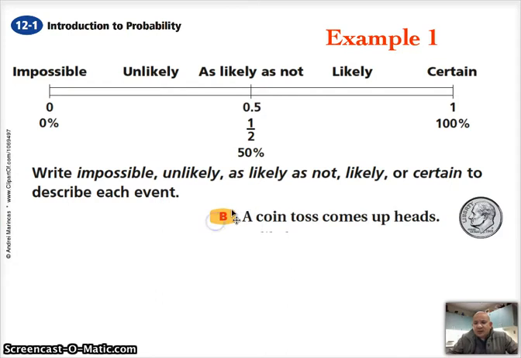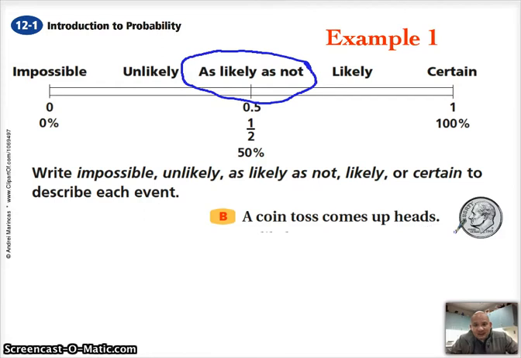Let's look at a coin toss. Heads or tails? A coin toss comes up heads. Well, what's the probability of a coin toss coming up heads? Well, there are two different outcomes, either heads or tails. So, as we look at these terms, heads is as likely as not to occur during a flip of a coin as tails.